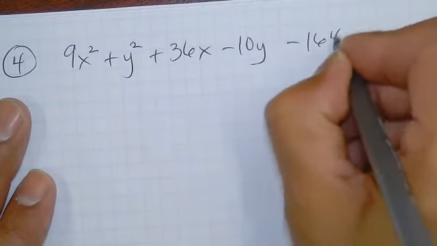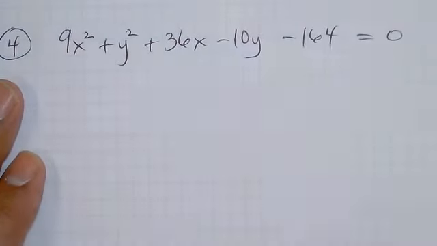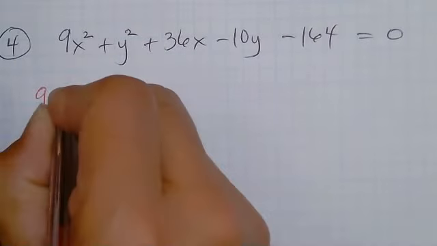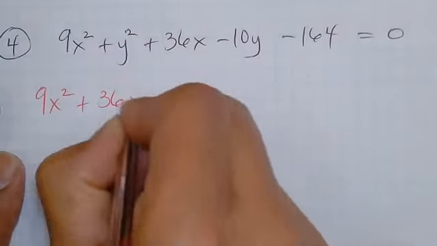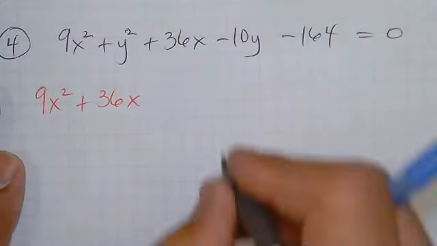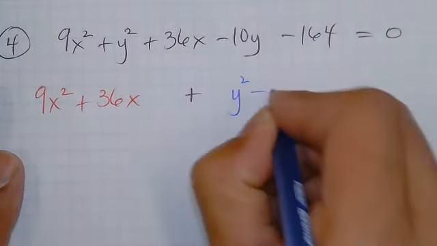9x squared plus y squared plus 36x minus 10y minus 164 equals 0. Okay, here we go.